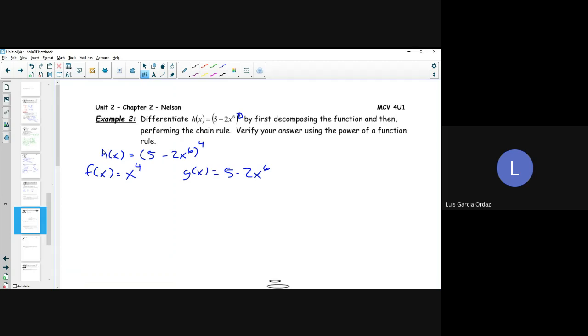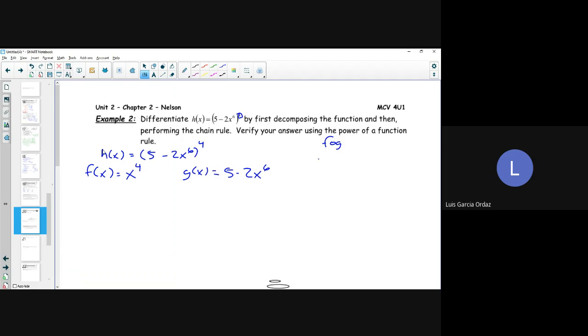I'm going to write it in terms of a composite function so that you understand why f of x would be x to the 4, and why g of x would be 5 minus 2x to the 6. Remember, we have f of g of x, that is what the chain rule tells us.